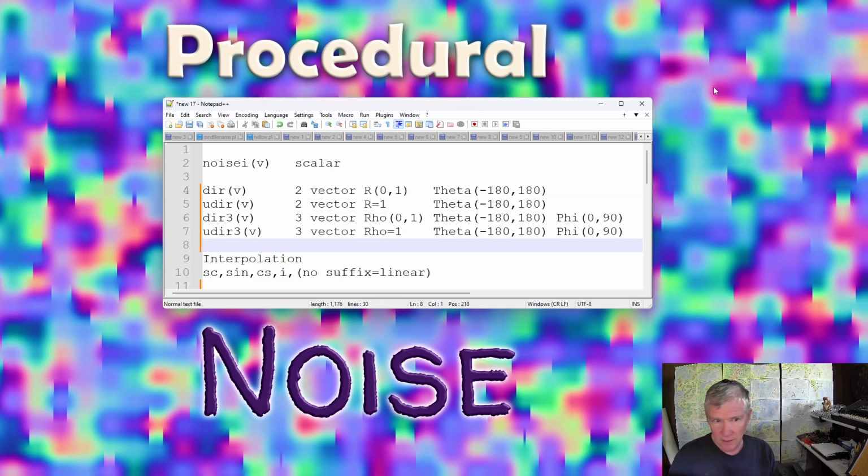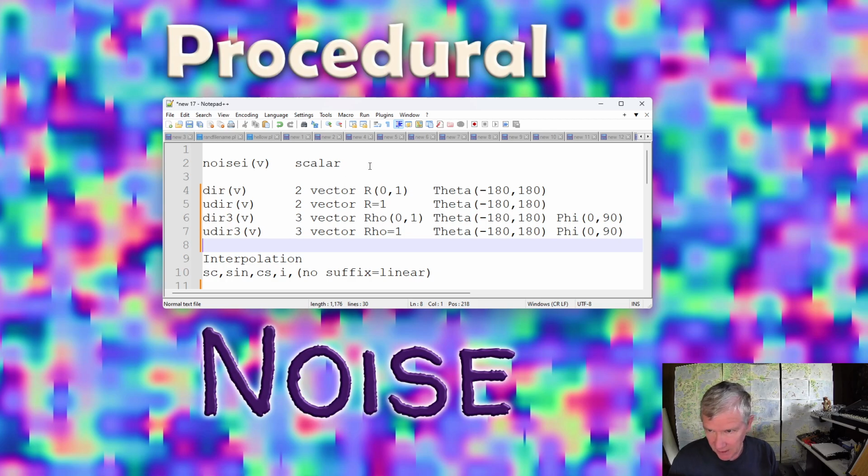If you look at the vector noise functions, there's quite a few different functions with quite a wide variation in them, but they come down to just a couple of categories. The first one is dir, which I believe stands for directional noise. It's a two-element vector.